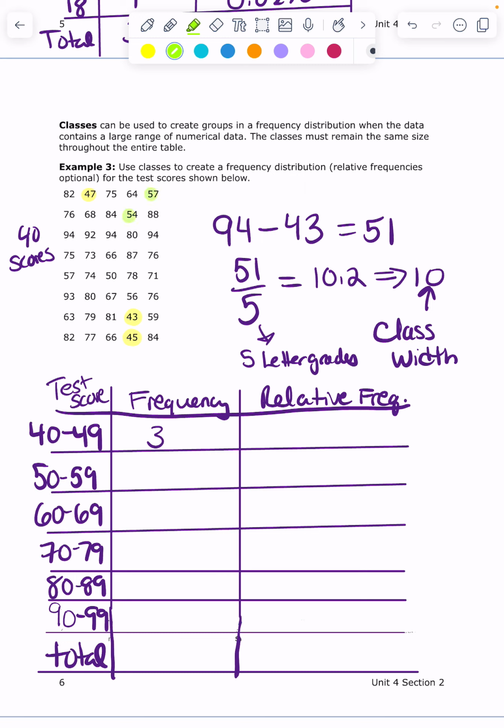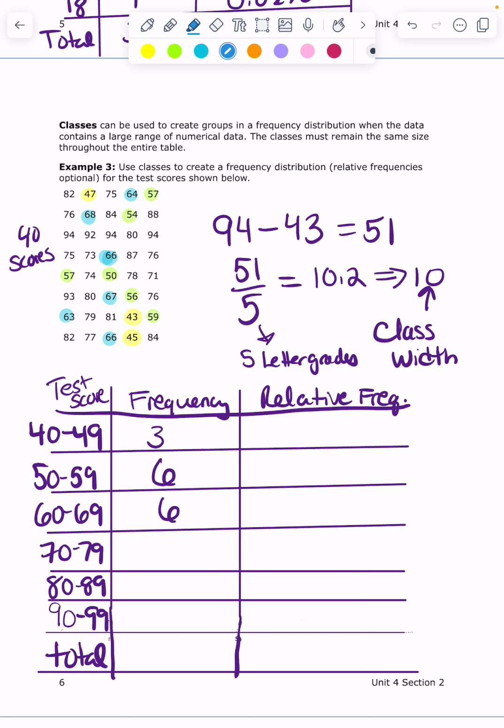And if I miss any, it's okay because I'm going to catch it at the end. One, two, three, four, five, 6. I got 6 in the 50 range. If you notice that I miss any, don't freak out because I will catch it and I'll fix it. I got 6 in the 60 range.